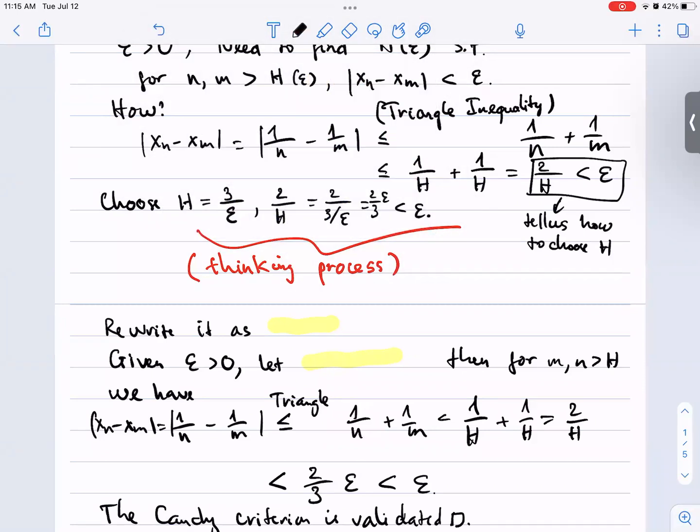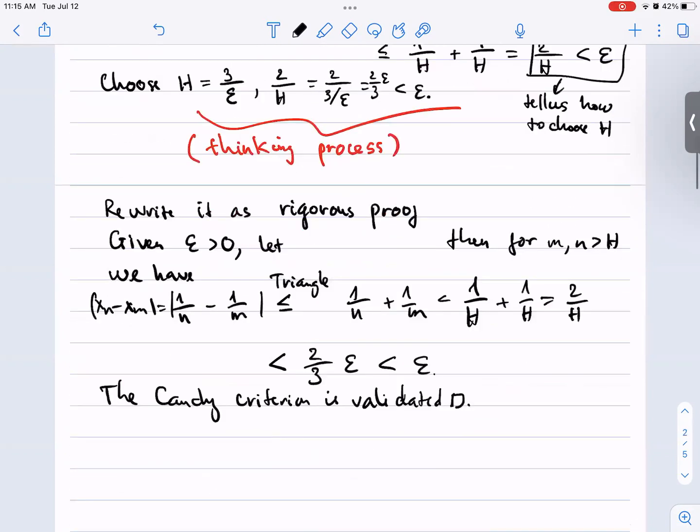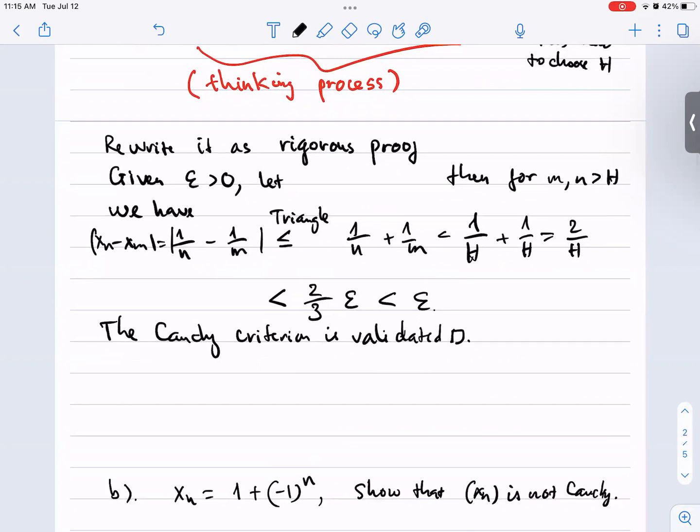Now we have to write it as a rigorous proof. So the proof proceeds as follows. Given epsilon greater than 0, let h, depending on epsilon, be equal to 3 over epsilon.